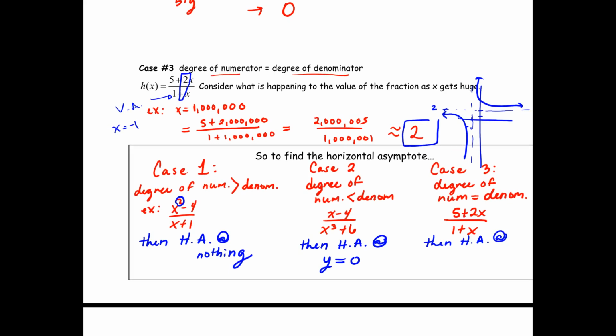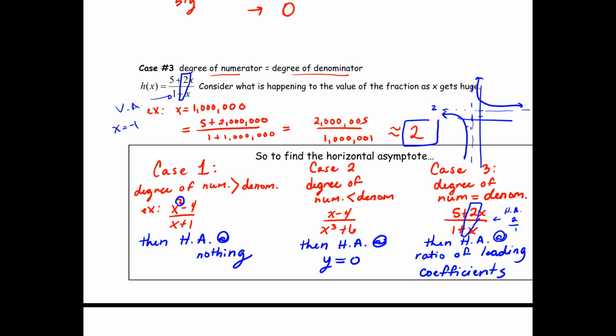I know that's big words. You can see here the degree of x and the degree of x are the same, and that's why we had a horizontal asymptote at 2 over 1. So for this specific example, the horizontal asymptote would be at 2 over 1.